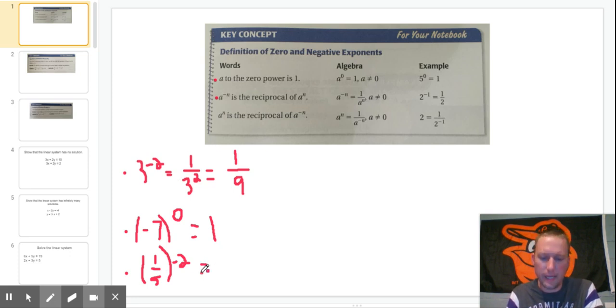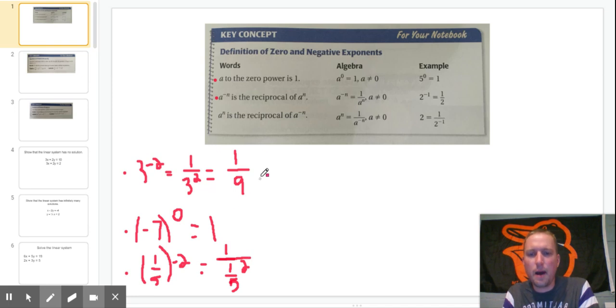It gets a little funky because the way that you would write this would be 1 over 1/5 to the power of 2. So it's a little bit different because now we have a fraction within a fraction, but it's similar to what we did up here.